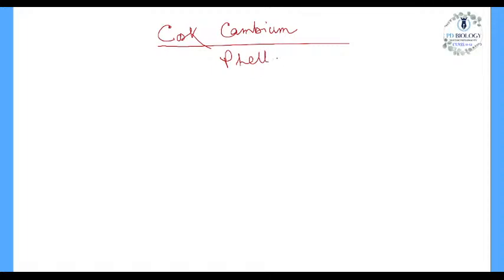The last component is the cork cambium. Cork cambium is a meristematic tissue, also called phellogen. Phellogen is a couple of layers made of narrow, thin-walled and nearly rectangular cells. The cork cells that are cut off outside are phellem.